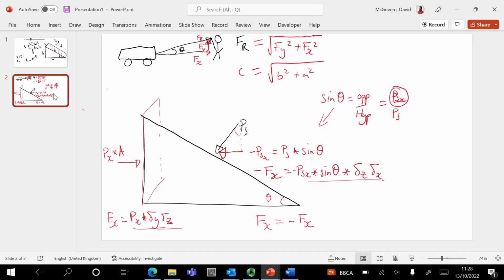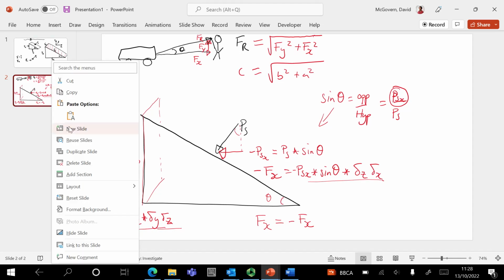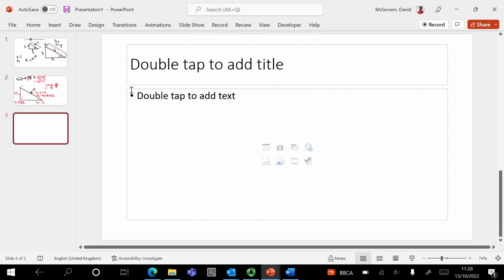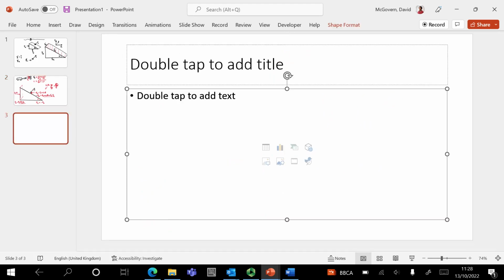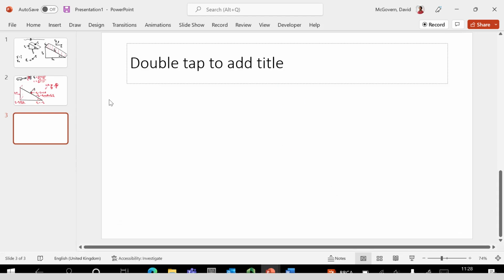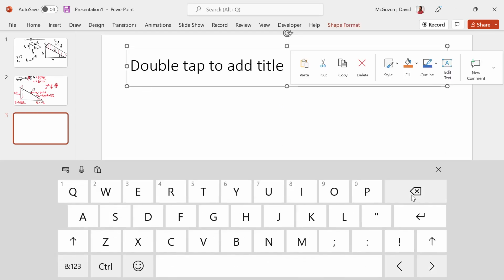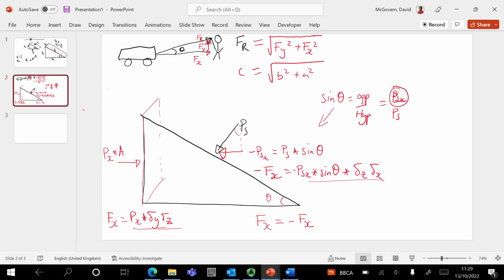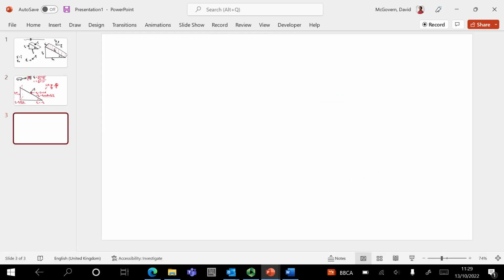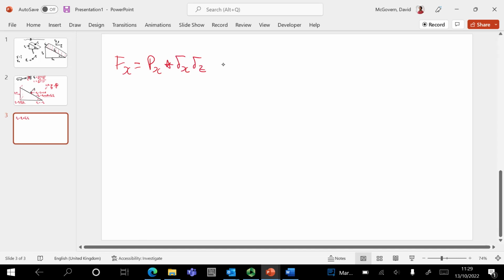I should have prepared these extra slides earlier. Let's do that. And this one. Right, so let's just write that out again. So I've resolved this to Fx equals P in the x direction multiplied by delta x delta z, and that must equal negative Fx.